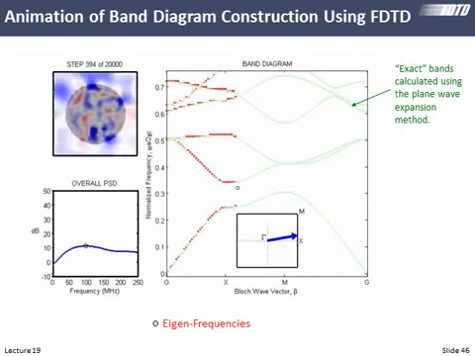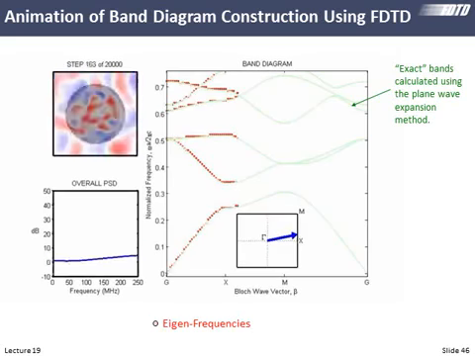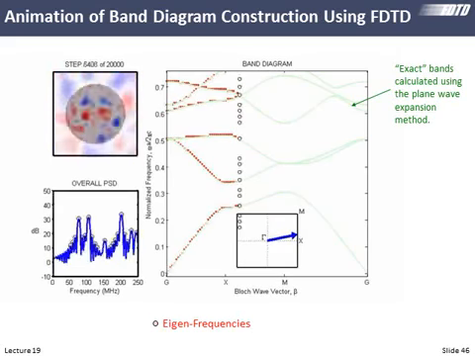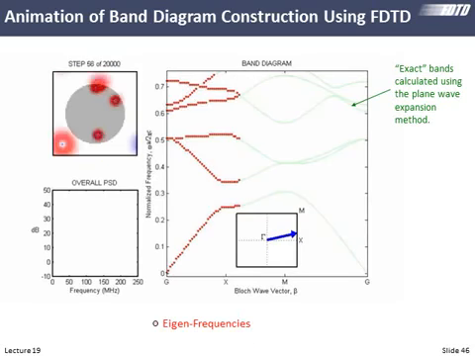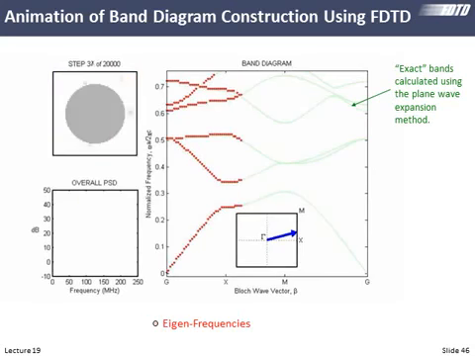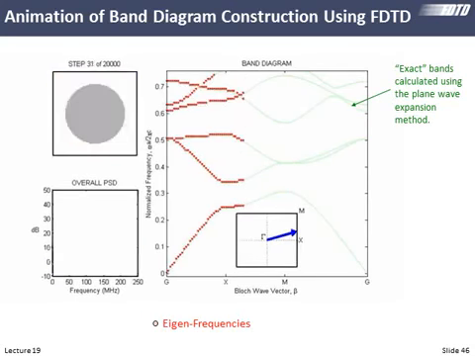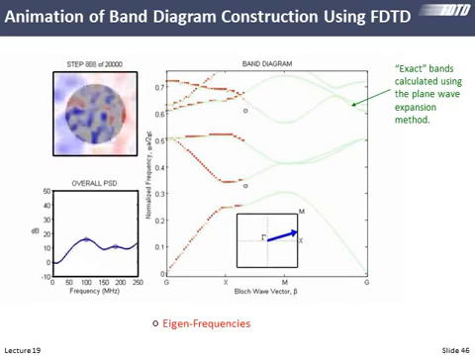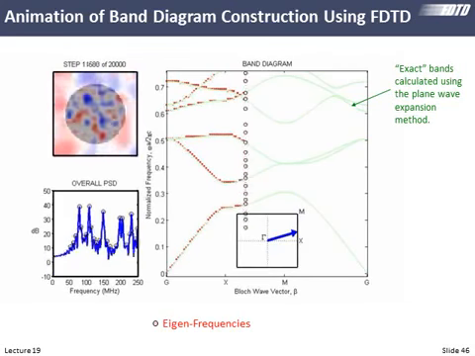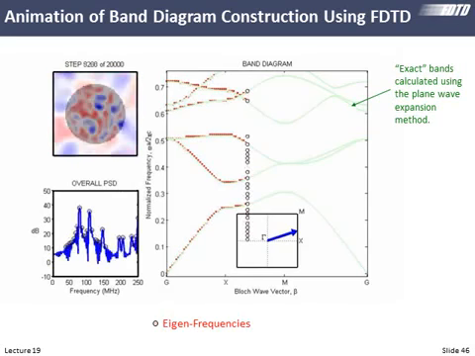You'll notice there seems to be some discretization in the positions of the eigenfrequency here that we're getting from finite difference time domain. And that's because of the number of iterations we have. There's only so finely that we can resolve the frequencies. So we see the discretization from that. If we wanted that to look smoother, then we would have to run for more iterations.